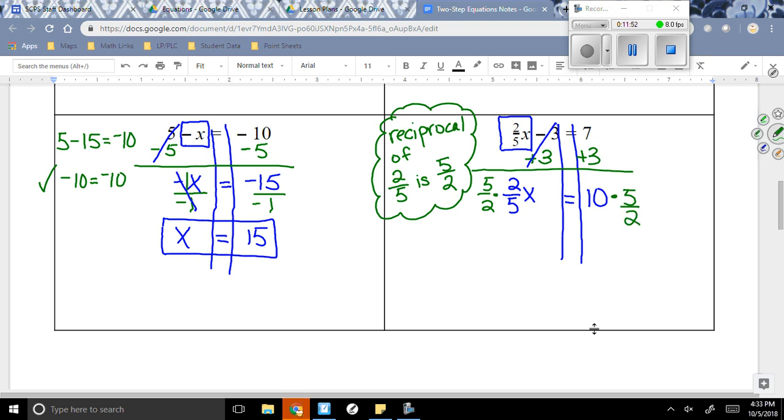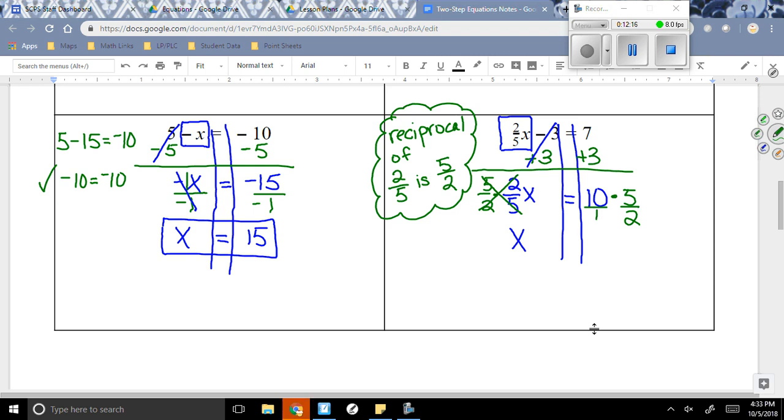So let's look at the left first. I have a 5 on the top and a 5 on the bottom that are going to cancel each other out. And the 2 in the numerator and the 2 in the denominator are going to cancel out. So now I just have x on the left. On the right, I had 10. Remember, any whole number you can put over 1. And I'm going to multiply straight across.